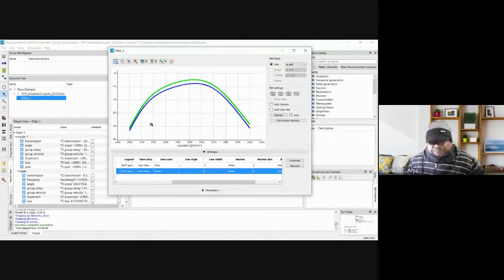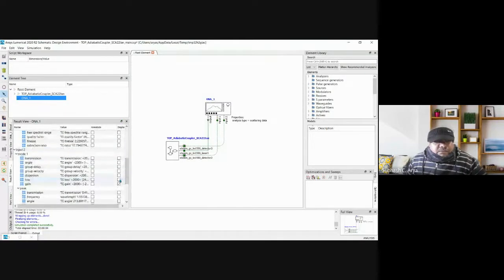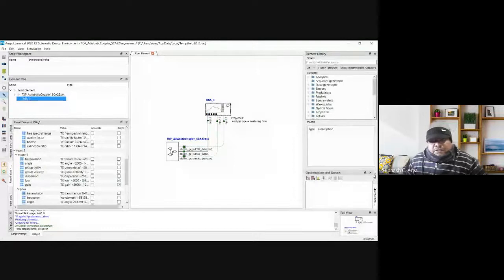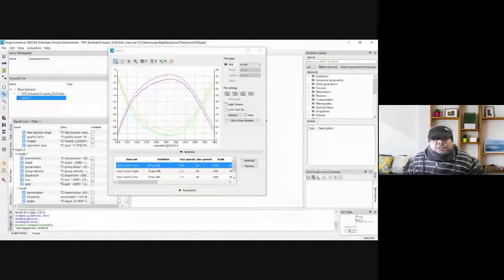So this is the gain, and of course minus value. Basically these are the losses, not gain. I will put further loss, and it will just follow the above one. Yeah, so you can see here.